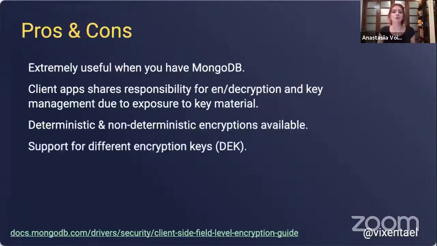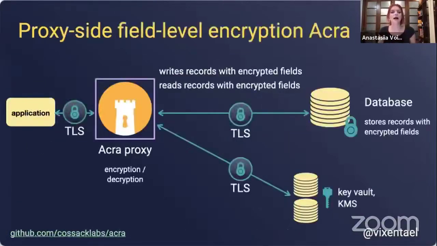In many cases, you would like to avoid that. As examples, you can push encryption away from the client side. For example, on the proxy side or on the DAO side, data access object, you can build an encryption layer right outside of your application. In this example, we have the open source tool Acra, and this is our encryption and decryption proxy.